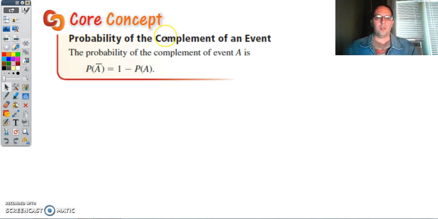So this is how we write it. Probability of the complement of A, probability of not A, also read as A bar, because it's got a bar over the A. And this is going to be 1 minus the probability of A. That's it, because 100% is everything, and you take A out, and you're left with not A.